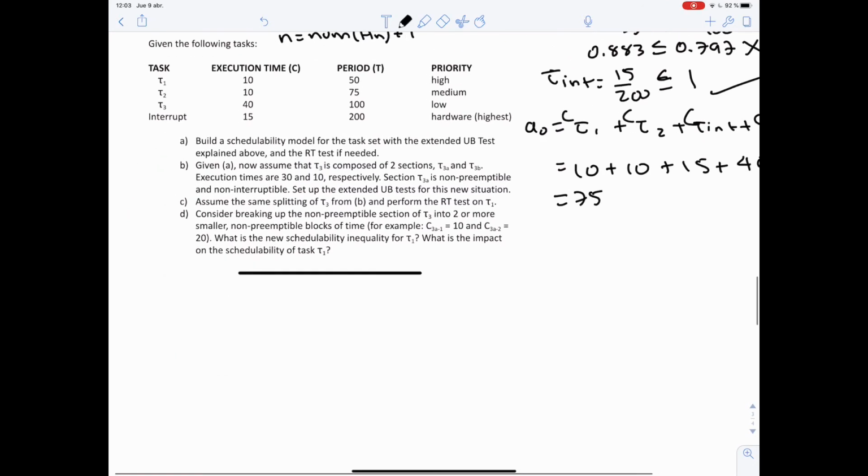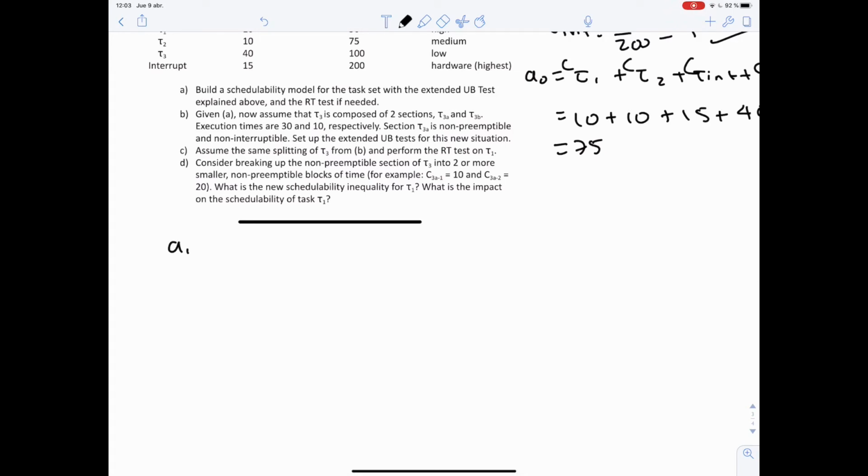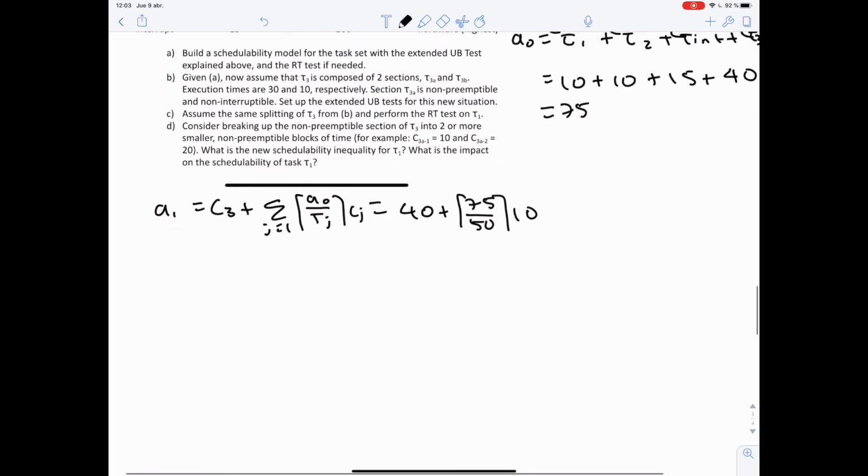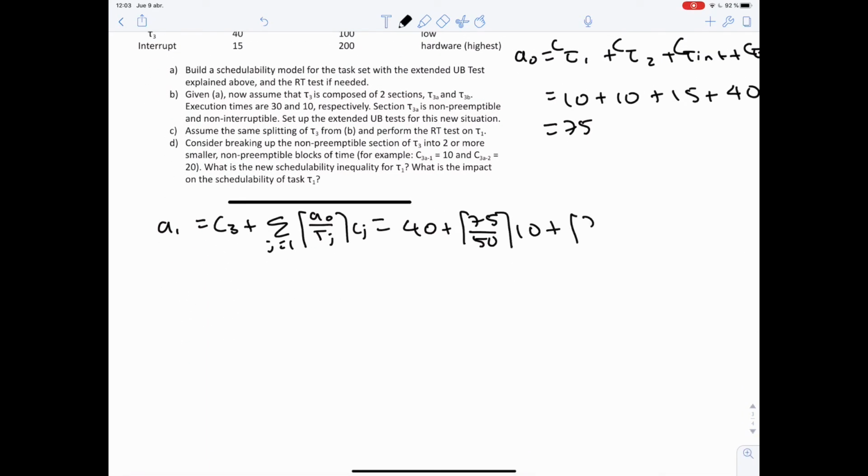So now we will proceed to go to A1. And A1 is going to be the following. So we are in task 3. And we're going to have the sum of the tasks that have a higher priority. So this will be equal to 40 plus 75 over 50 times 10. This comes from task 1, right? We have a period of 50 and an execution time of 10. We have 75 over 75 times 10.